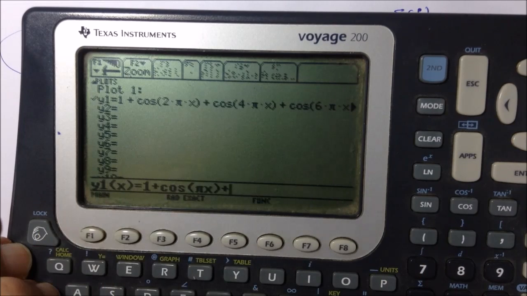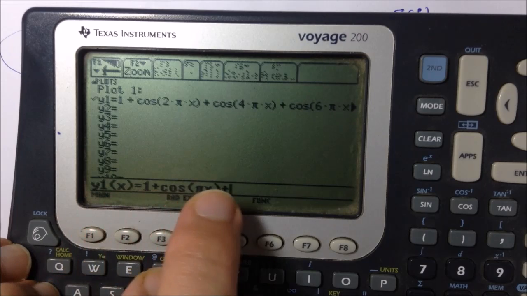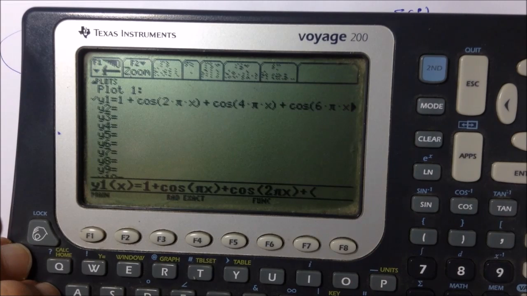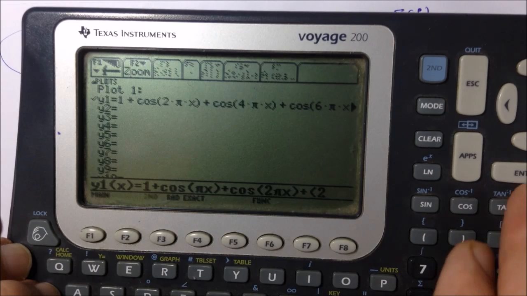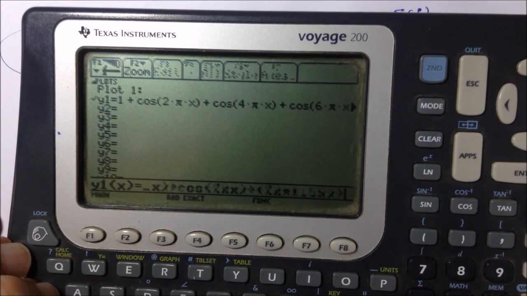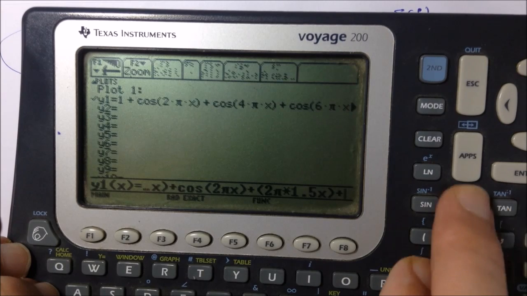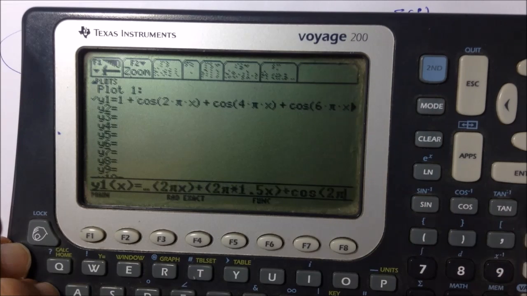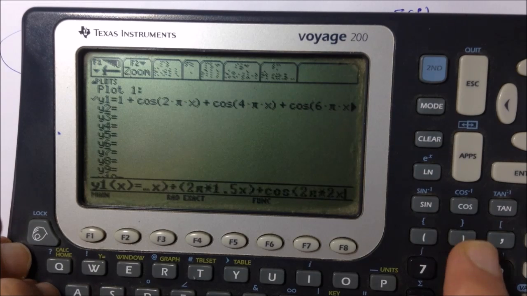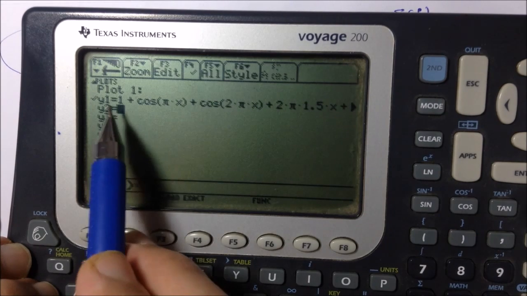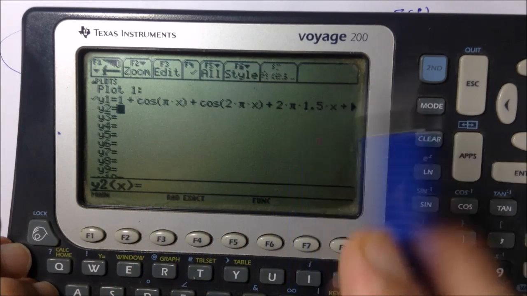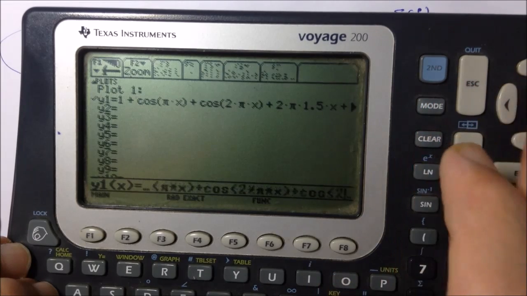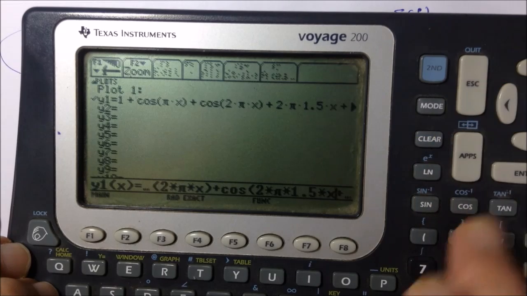So we are going to add up multiples of 0.5: 0, 0.5, 1, 1.5, 2, with cosine 2 pi times 1.5t, and so on. Oh, we missed a cosine, cosine 2 pi times 1.5t.